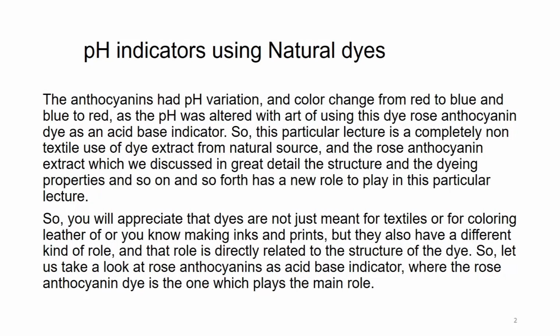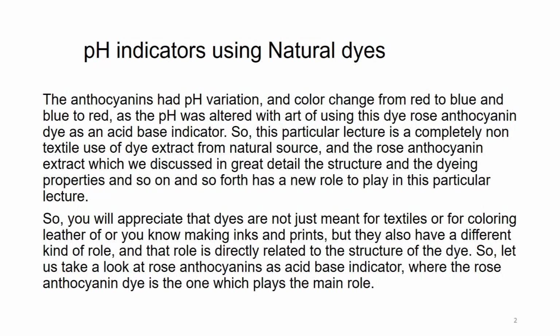You may recall that in the context of anthocyanin dyes, I had mentioned that these dyes have a kind of reactivity with acid and base, and they change their color.